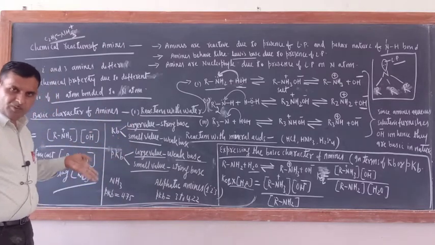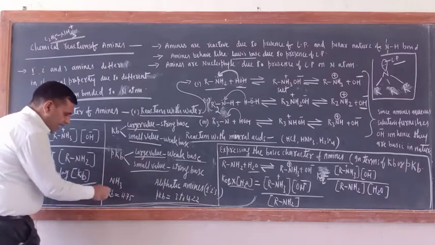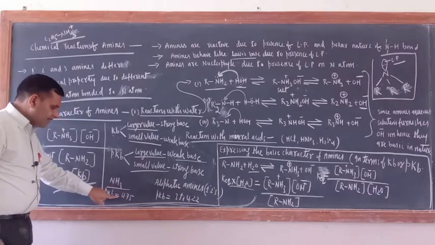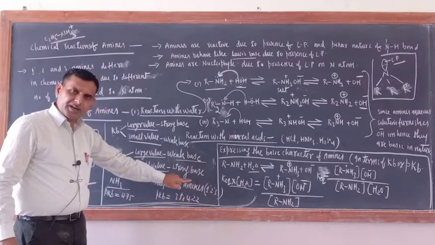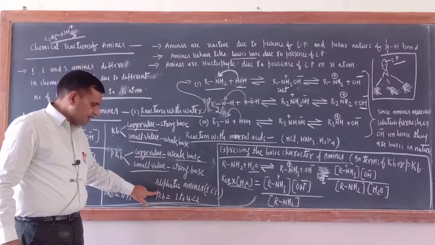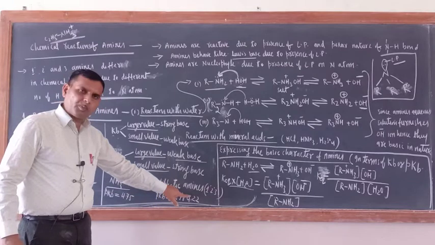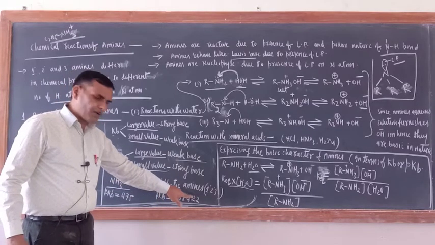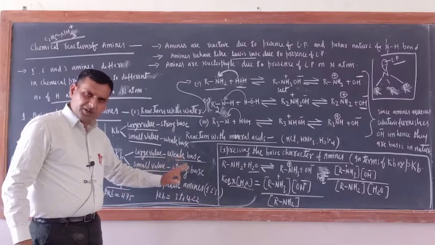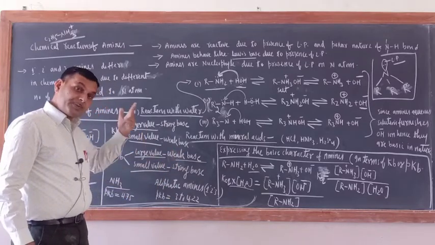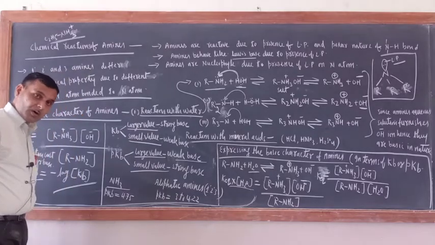Now one example I have given here. NH3 has a pKb value of 4.75. Aliphatic amines, meaning primary, secondary and tertiary amines, have pKb values from 3 to 4.22. Whose pKb value is more? Ammonia.